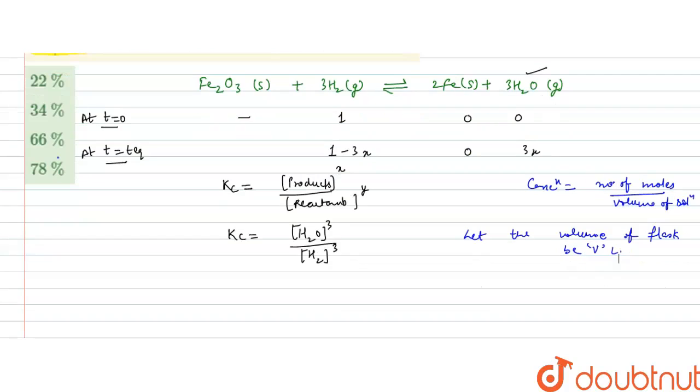So the concentration of H2O gaseous will be the number of moles, that is 3x divided by V, whole cube, upon the concentration of hydrogen, that is 1 minus 3x at equilibrium divided by its volume and raised to the power its stoichiometric coefficient, and the Kc value given is 8. So this V cube will be cancelled by V cube. So we will have 3x divided by 1 minus 3x whole cube.